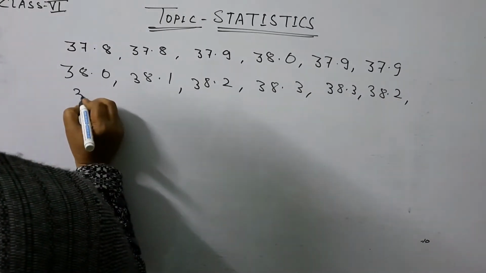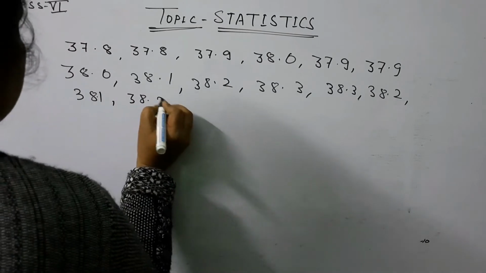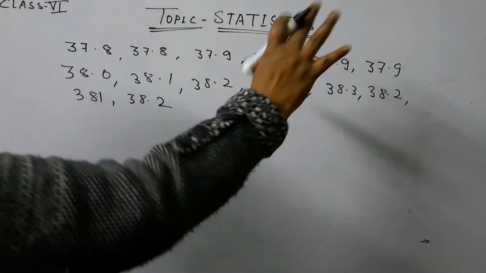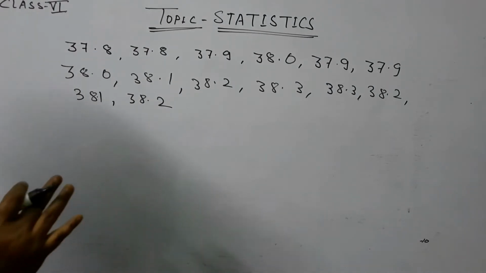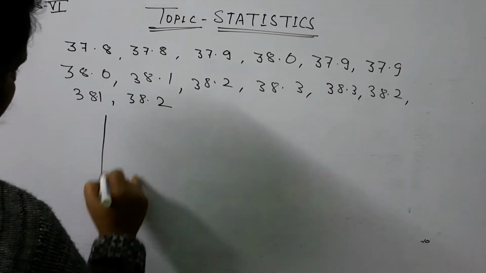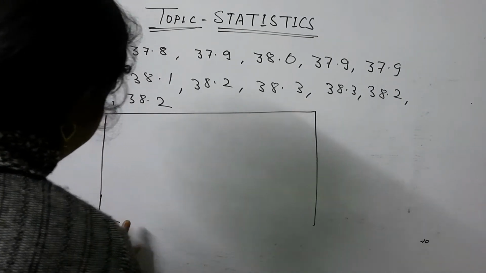Next one is 38.1 and 38.2. This data is given, and we have to make the table and draw the tally marks in the same way. What will we write? First, make the boxes.